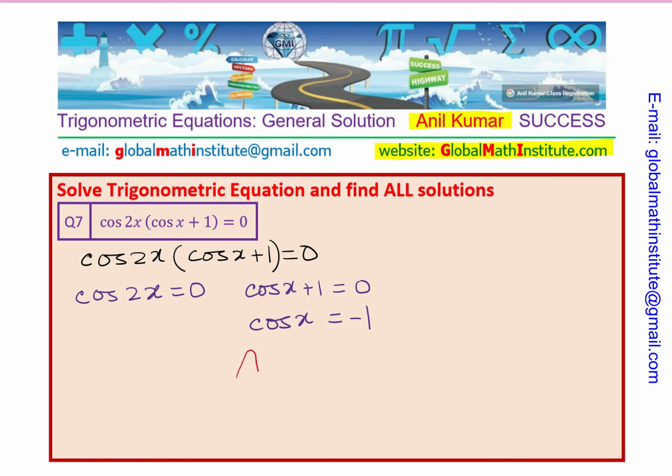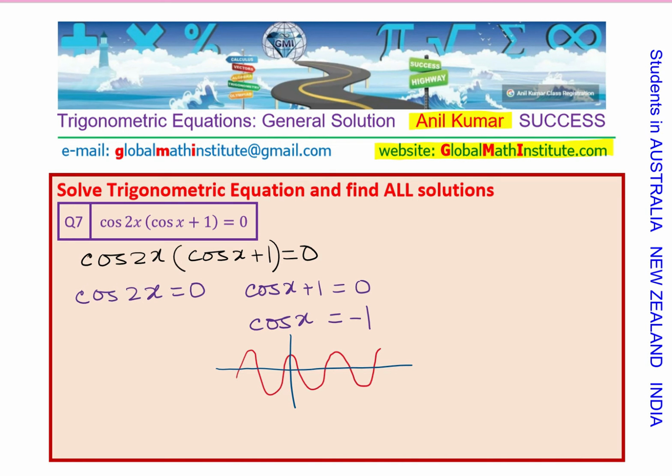Sine wave and cosine wave are kind of the same thing. The only difference is that with cosine waves, we start at the maximum. So if I draw the axis here, it becomes a cosine wave. Minus 1 is this tip. At 0 it has the maximum value, and at pi it has the minimum value.